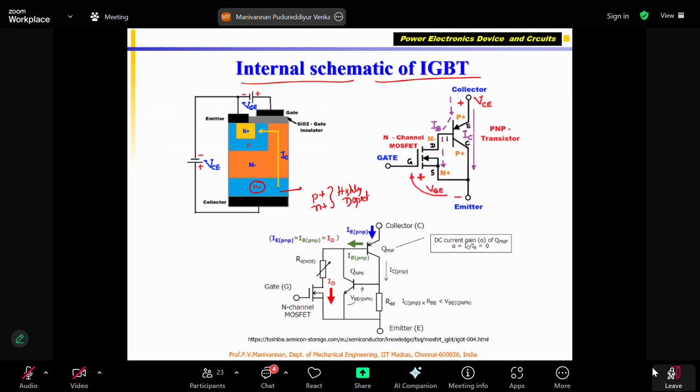You take pure silicon, which is an insulator, and add impurities like a pentavalent element such as phosphorus.